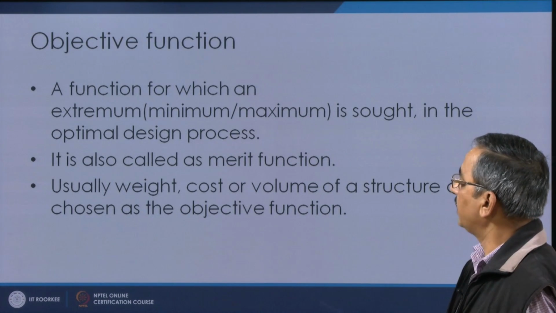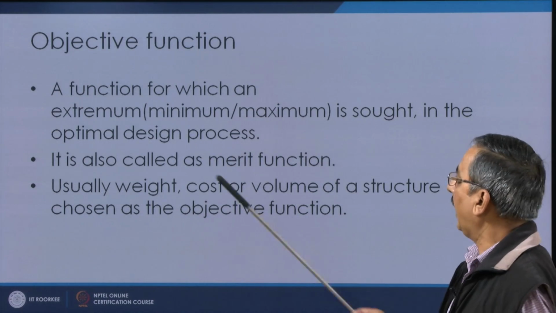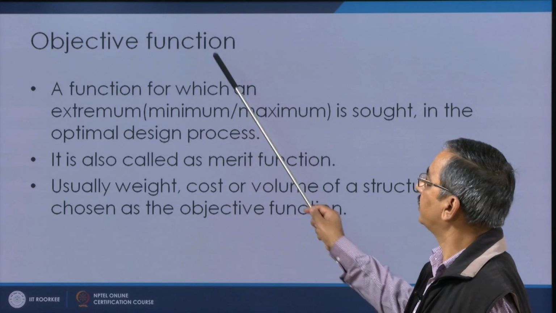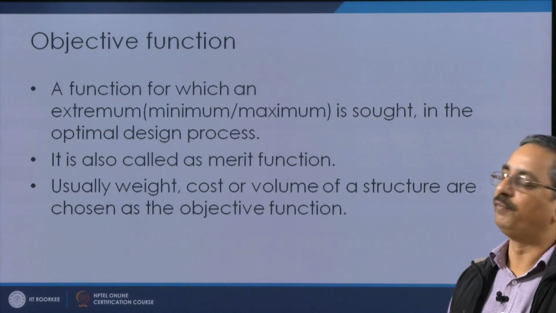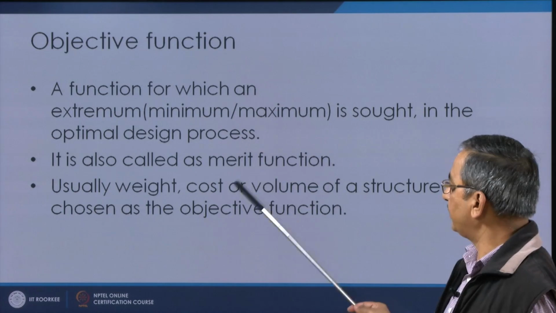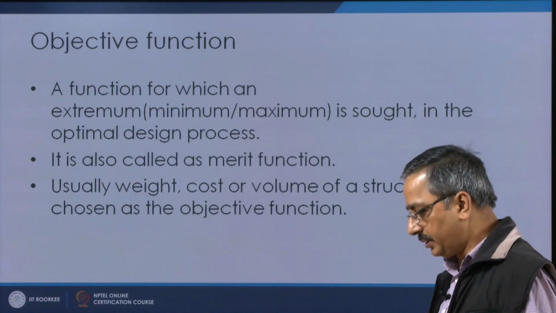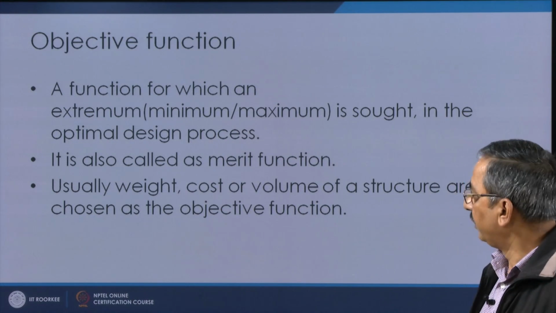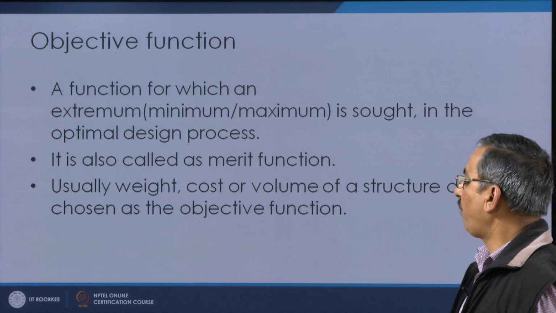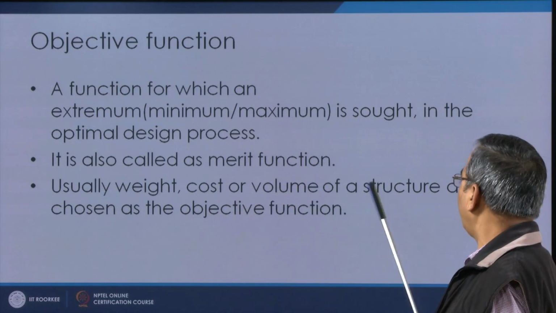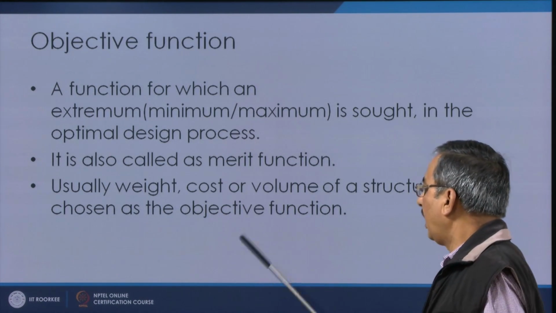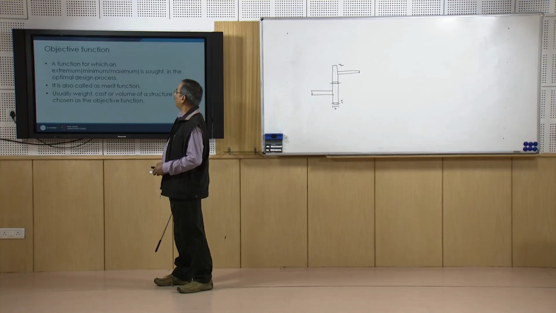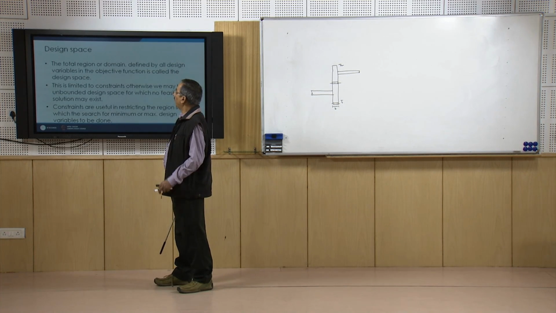A function for which an extremum is sought in the optimal design process is called the objective function. Another name used in literature is the merit function. Usually weight, cost, or volume of structure are chosen as the objective function. We could have other objective functions as well.